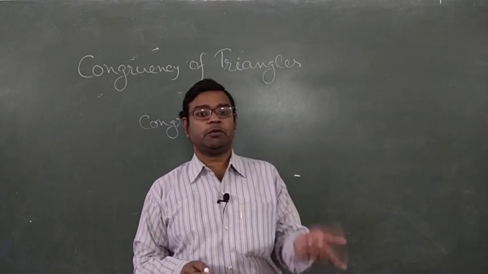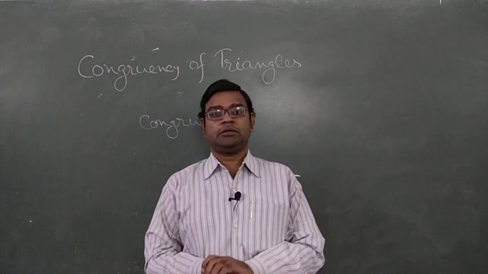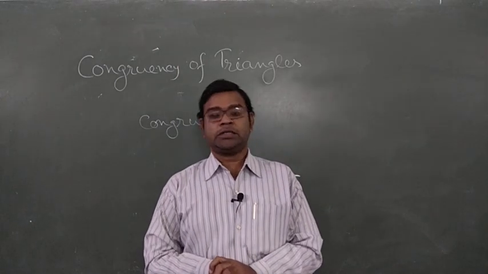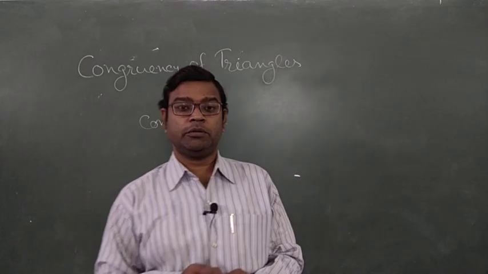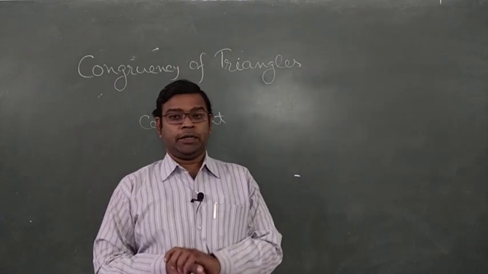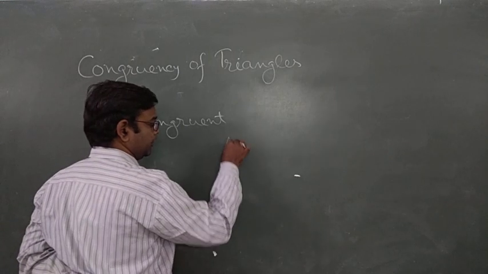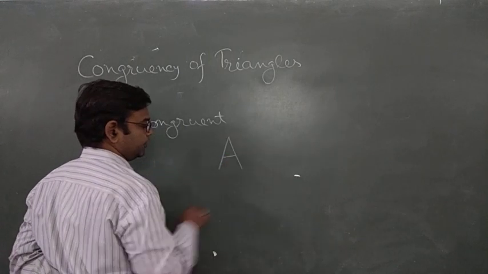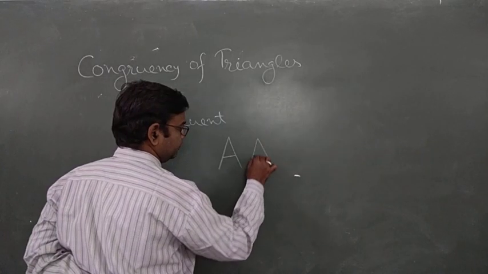They are identical in shape. All sides are identical, all angles are identical, and each and every point of the figure is identical. For example, suppose I am writing A over here, and similarly I am writing another A over there.